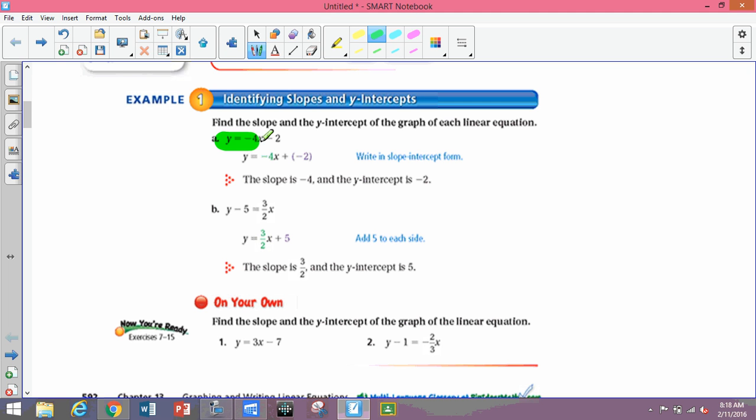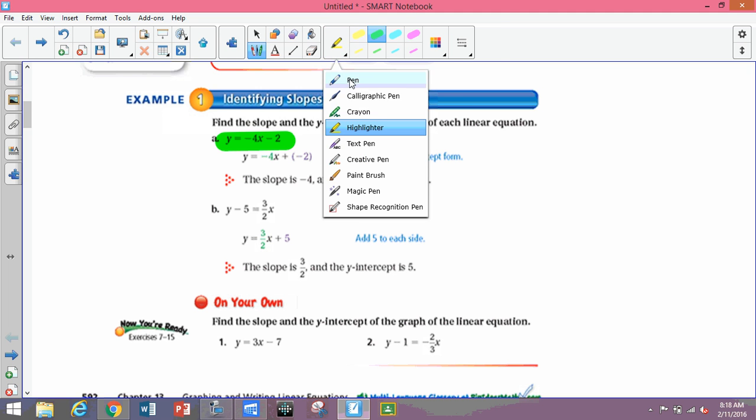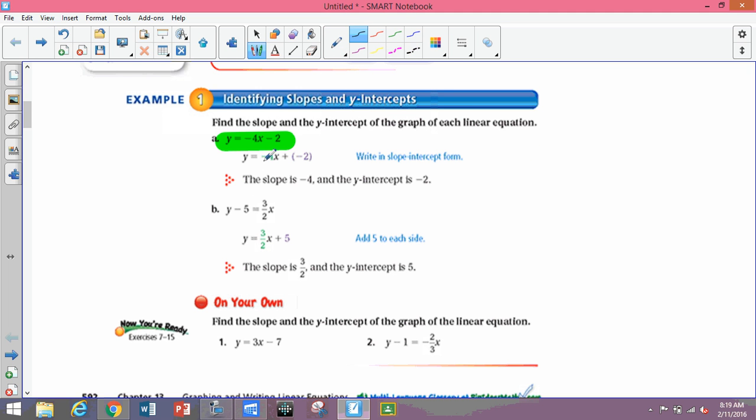So when you have y equals negative 4x minus 2, that means that the negative 4 takes the place of your m. It's your coefficient with x. So that equals your slope. Now, I want to just talk a second about that, because when you have a whole number, there is a 1 underneath it.